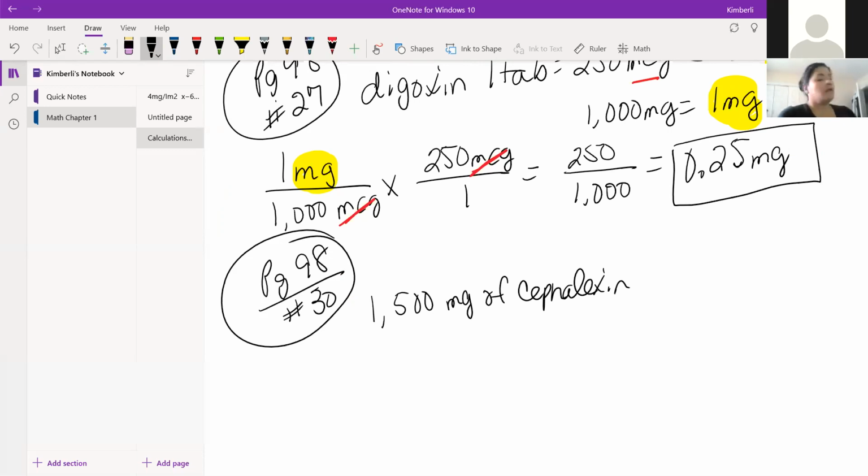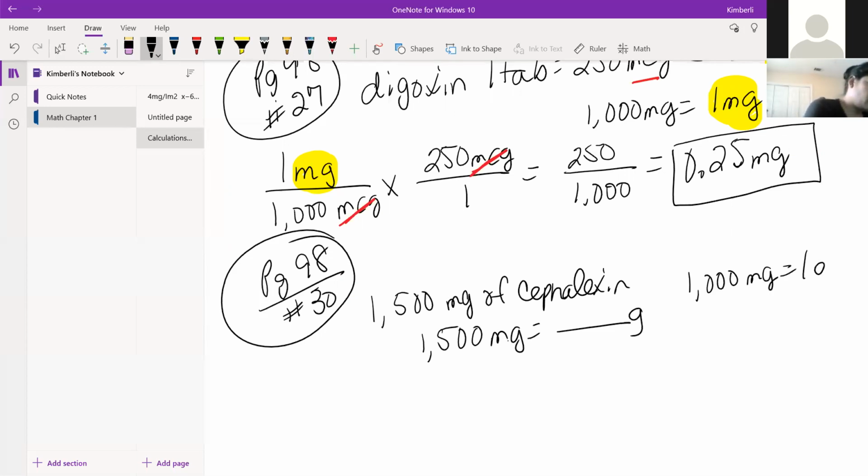And how many grams of cephalexin are in a 1,500 milligram dose? So it's basically saying 1,500 milligrams is equal to how many grams? So my conversion factor is 1,000 milligrams to 1 gram.